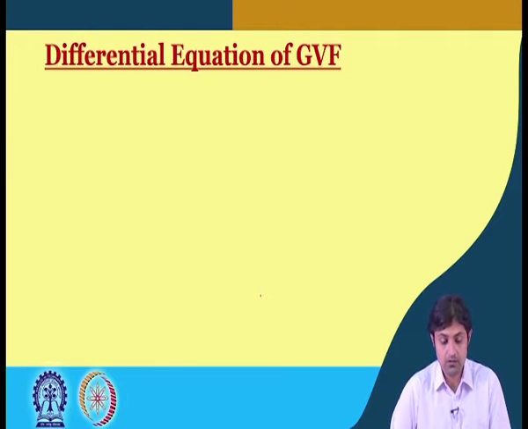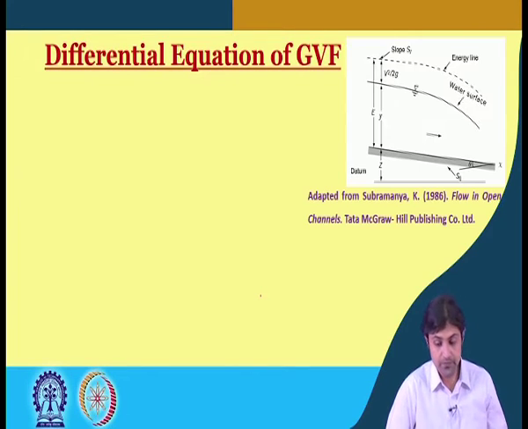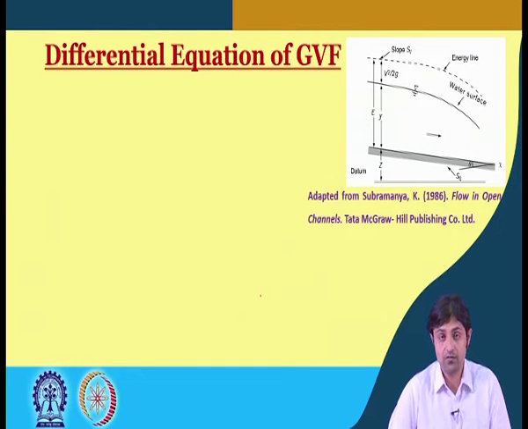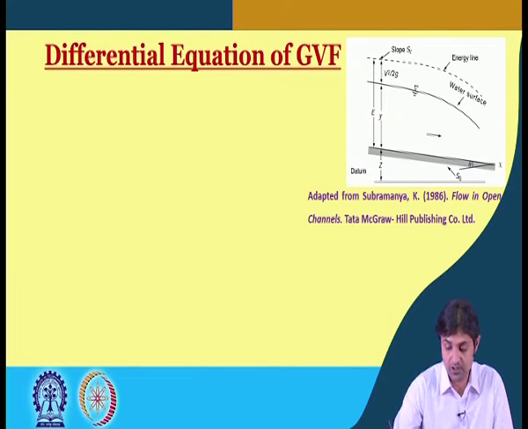Now, going to the differential equation of the gradually varied flow. First we have to draw a figure. I have shown you a figure here where there is a channel with a small bed slope S naught. So, basically this theta is the angle, all right.